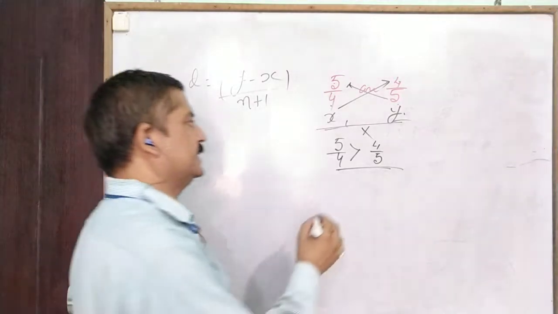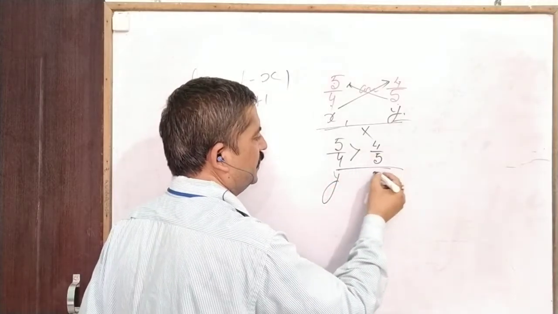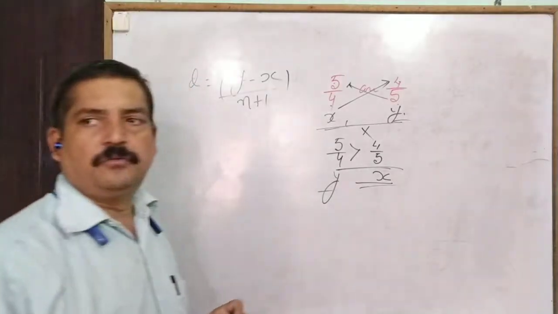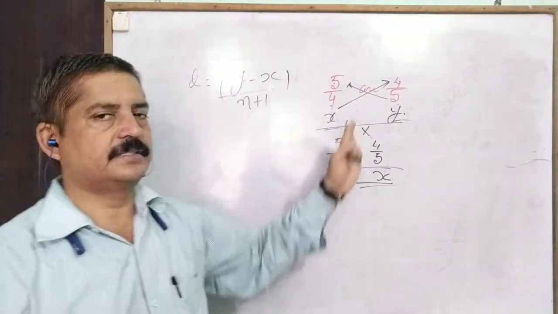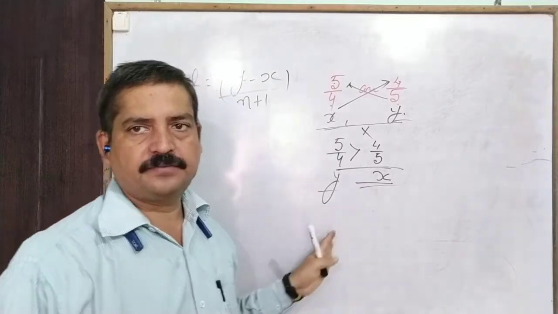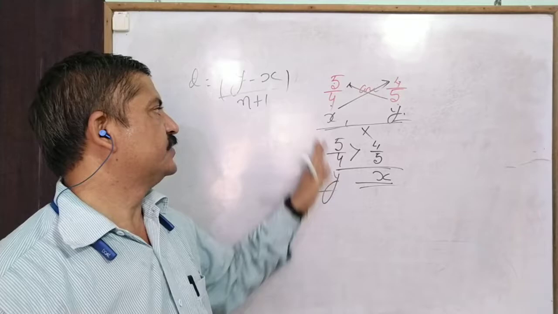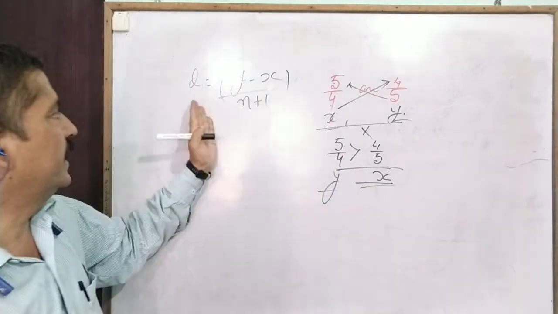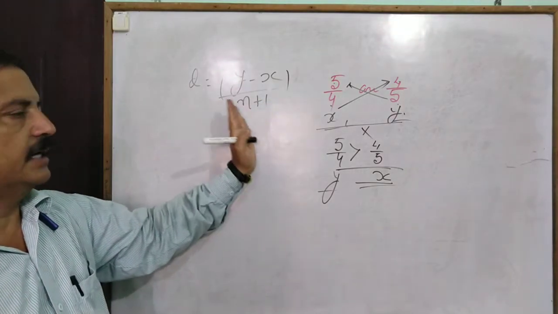So in that case 5 by 4 is assigned as y and 4 by 5 is assigned as x. So first of all you check which fraction is larger. The larger fraction is assigned as y and the smaller fraction as x. Then the process will be correct.